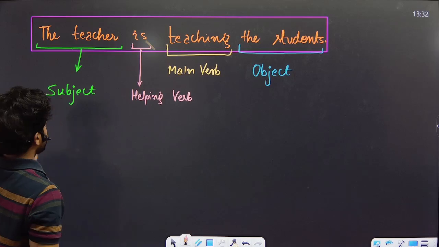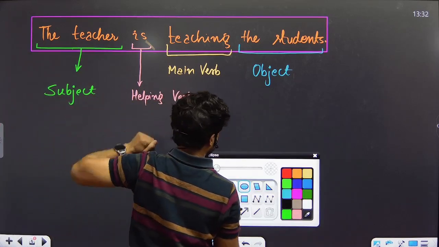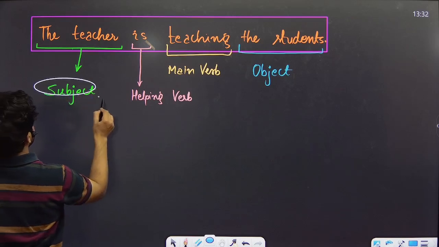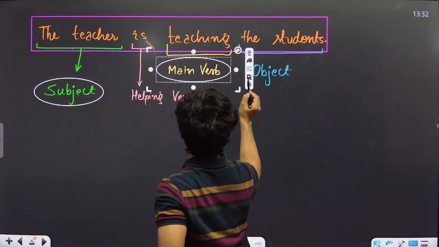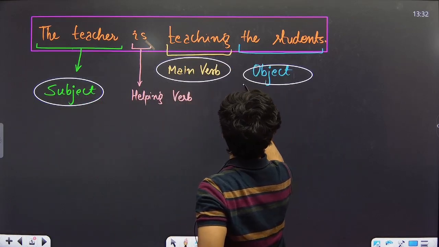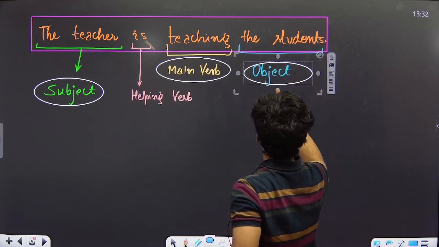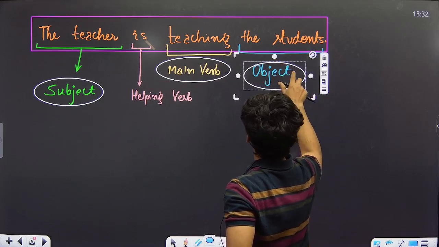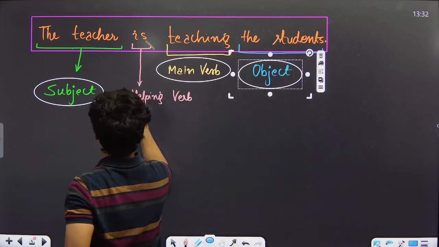So that's why I told you that a sentence can never exist without a subject. Subject must be there in order to make a sentence.